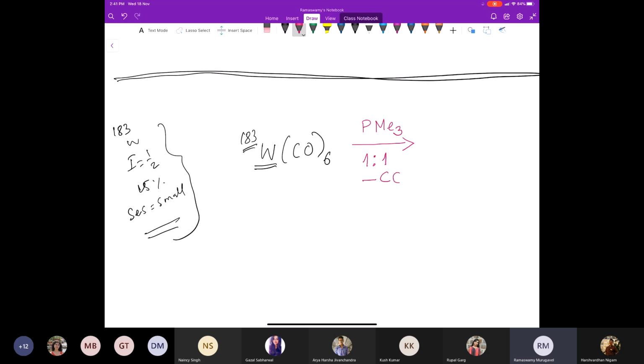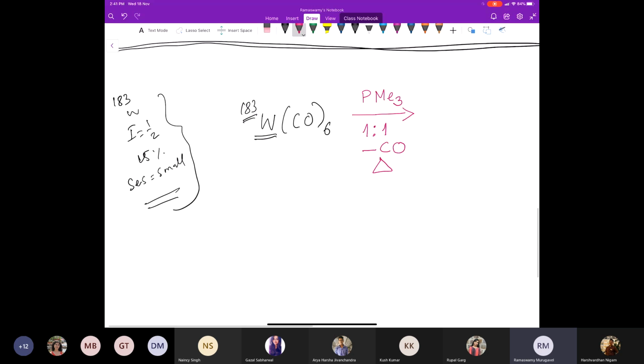If I do a thermolysis, slightly heat it up, one of the CO is lost, and I will get a compound which is W(CO)5 with PMe3. So that's my product.